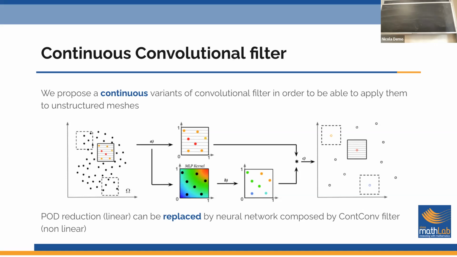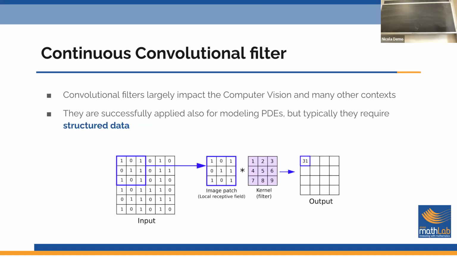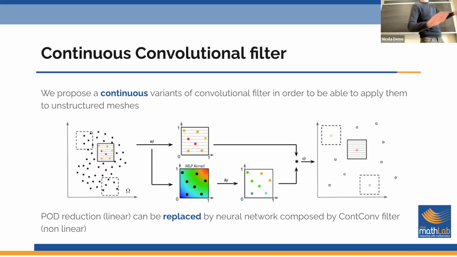And the idea is the same as before. Before, you go from the image, you extract the patch, and you perform element-wise multiplication, and you sum all the components. And we do the same thing here, actually. So we take these points, the color should be like the heat map. So I tried also to put some color.